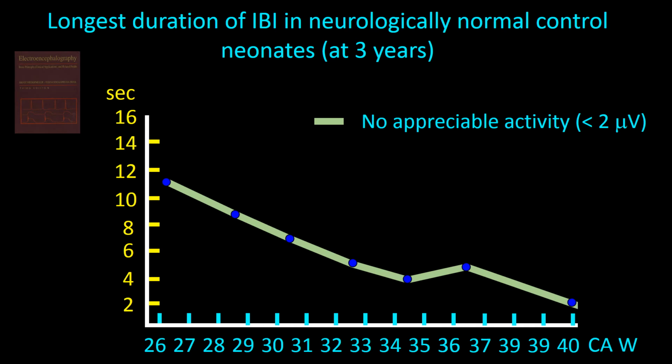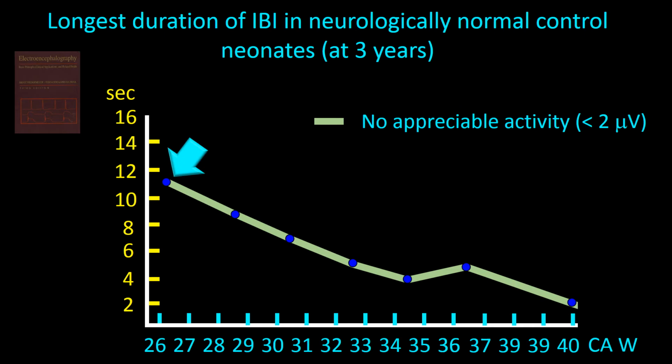The same book provides a little bit different data in that they classify the interburst interval with no appreciable activity. So this chart represents the duration of those interburst intervals where there was no appreciable activity at all.